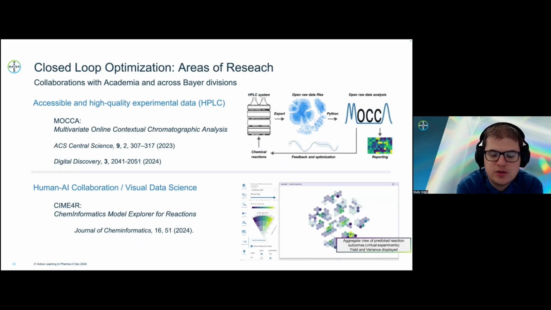So we are trying to work with different types of data analysis techniques, in this case an open source Python package that harnesses the full UV spectrum of an HPLC run, and on the other side, also explainable AI to better understand what type of predictions a model actually makes. So we have the implicit domain knowledge of a chemist that can work better together with the predictions of a black box model by using explainable AI techniques.